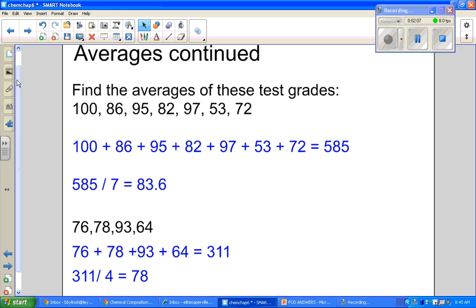And why do I take 585 and divide it by 7? Because I had 7 test grades. So this average would be 83.6. Now what if I had these 4 scores, like your first 4 chapters in this class? Let's say you had a 76 on a test, and then a 78, a 93, and then a 64. Add them up to get 311, and then divide by 4 because you had 4 tests. So your average is a 78.